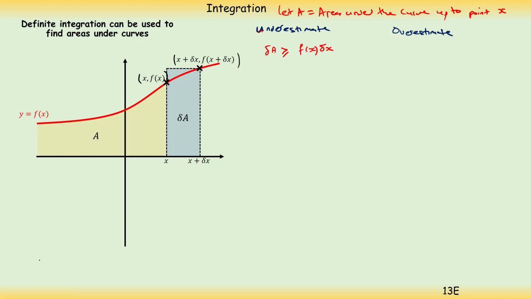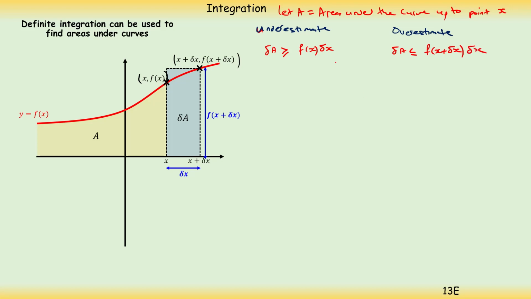I'll just change back to red. So in reality, delta A is going to be less than or equal to the area of this rectangle, which is given by f of X plus delta X. That's the length, and the width is delta X. So that's going to be f of X plus delta X times delta X.